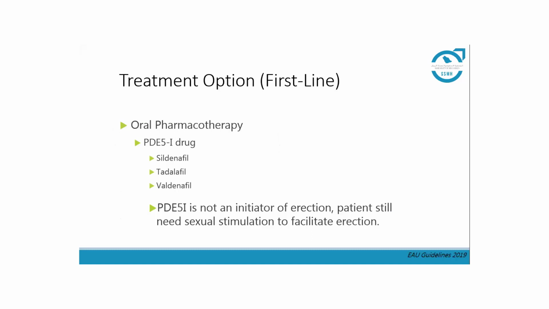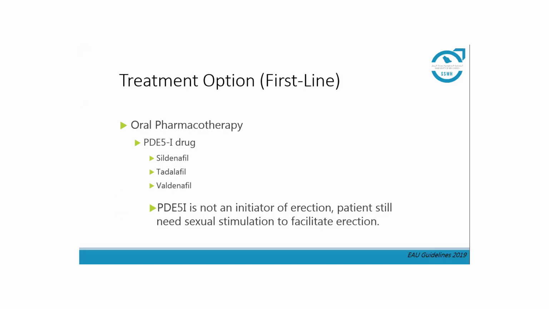So if the modifiable risk factors are controlled, then we go for the oral medication. So oral pharmacotherapy will include a PDE5 inhibitor. We have here in Saudi 3 types of PDE5 inhibitors: sildenafil, tadalafil, and vardenafil.